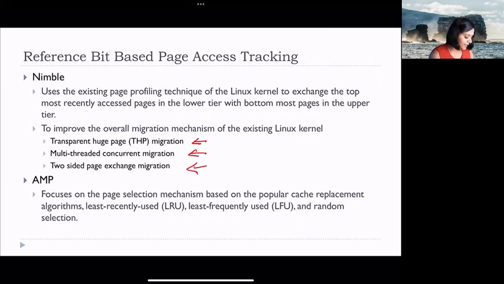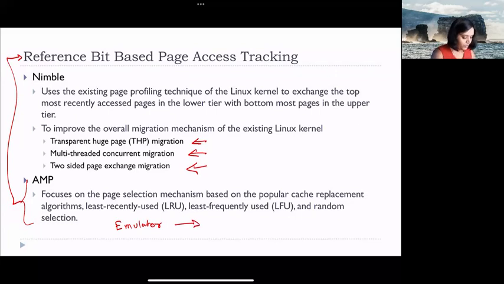Finally, a work called AMP focuses on page selection mechanism based on popular cache replacement algorithms such as LRU, least recently used, LFU, least frequently used, and random selection. This work AMP is an excellent example of how information stored inside the reference bit could be used, but unfortunately, it is implemented on an emulator.